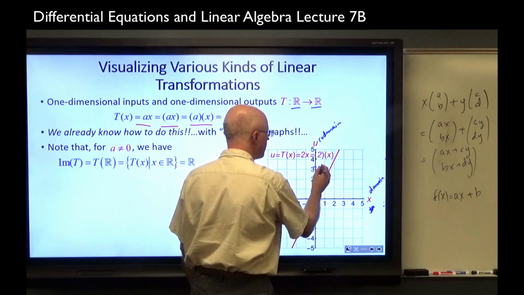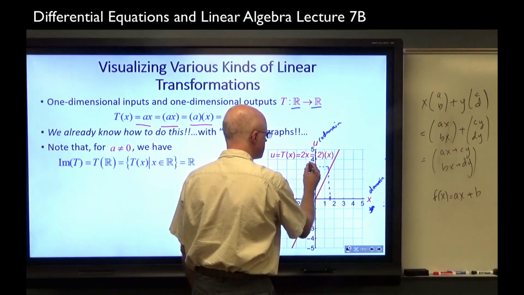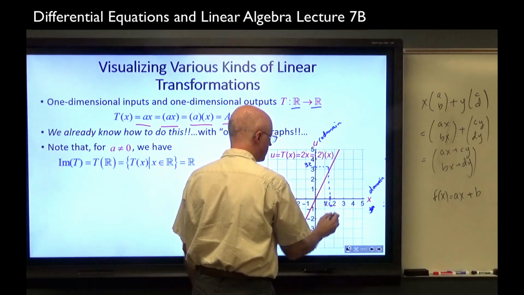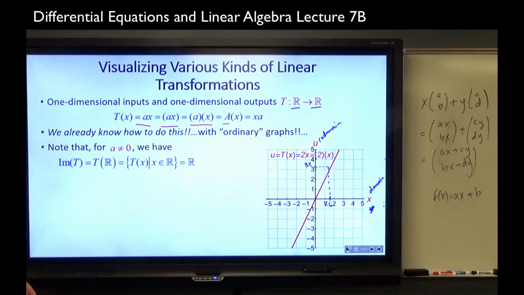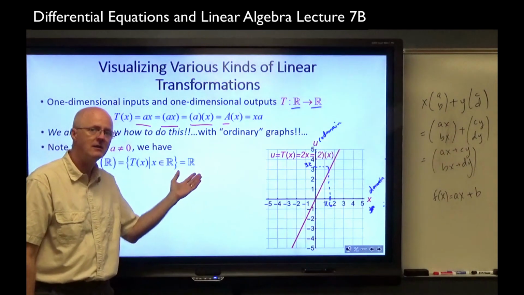There's a number in the domain that gets mapped to it: 1.6. T of 1.6 equals 3.2. And I can do that for any number on the u-axis, for any number in the codomain, and therefore the image of this linear transformation is all of R.